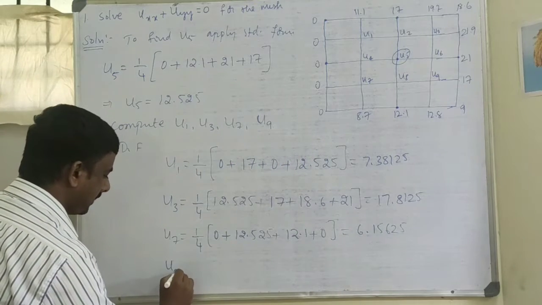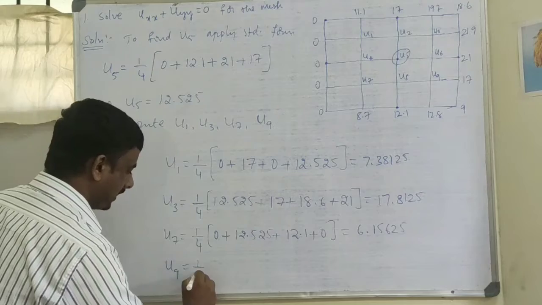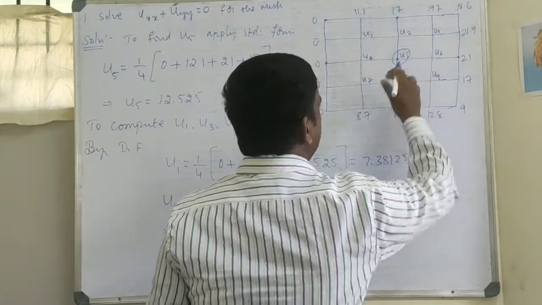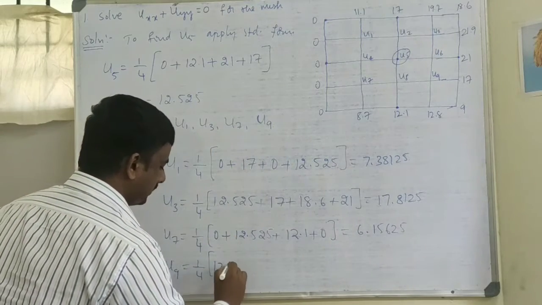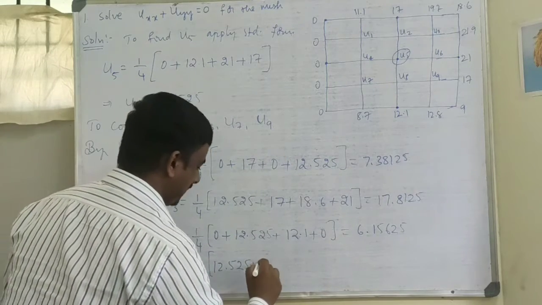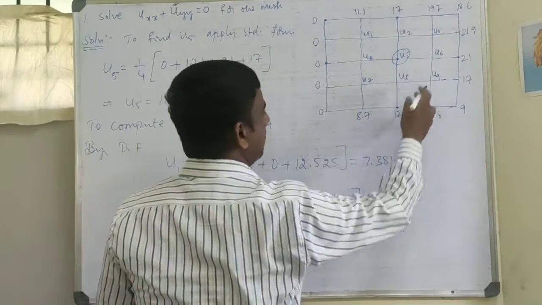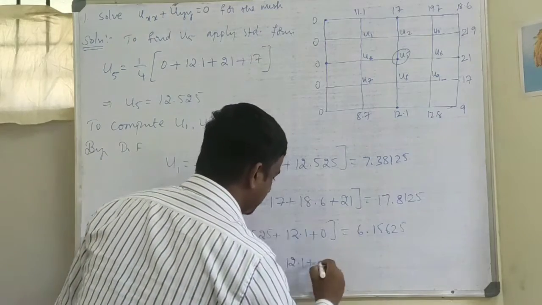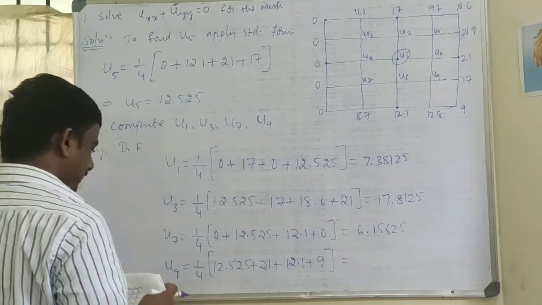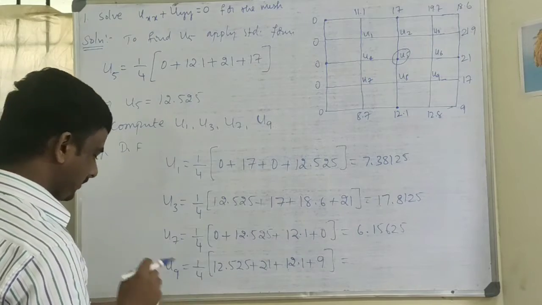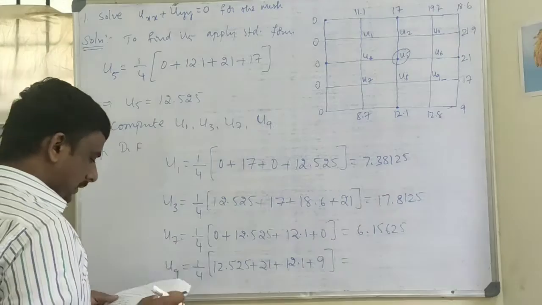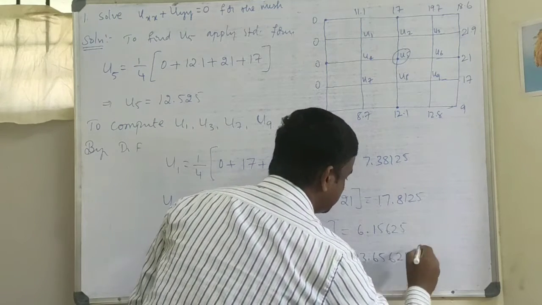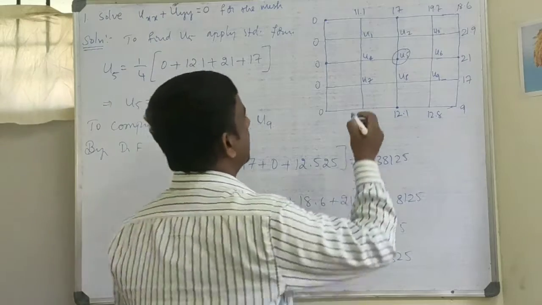Finally u9, that is 1 by 4 times u5, that is 12.525 plus 21 plus 12.1 plus 9. So the average of those four numbers will be u9 equal to 13.6562. So we have computed these values.